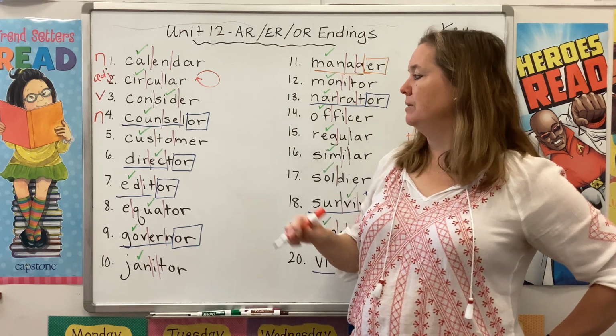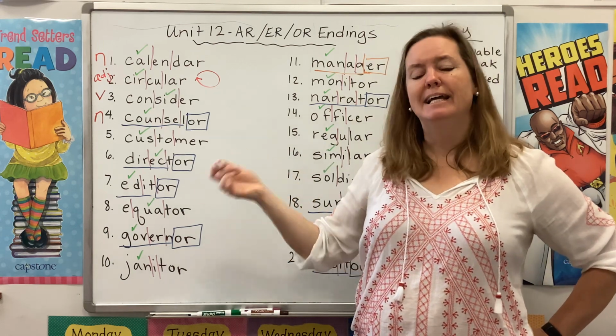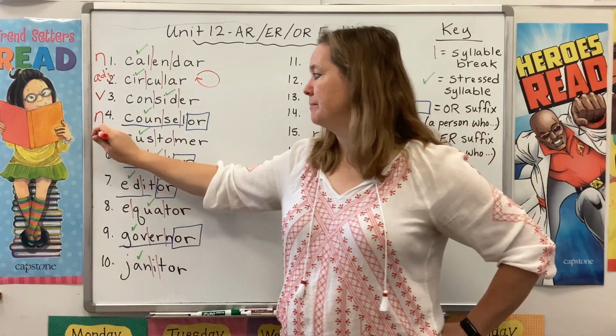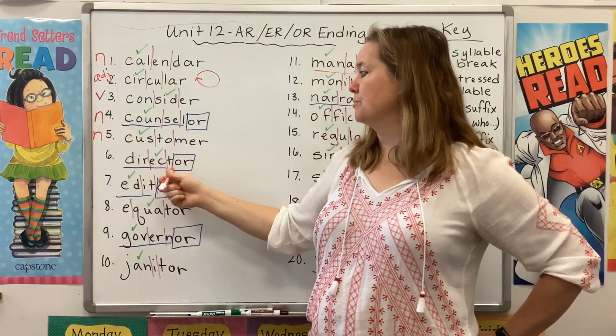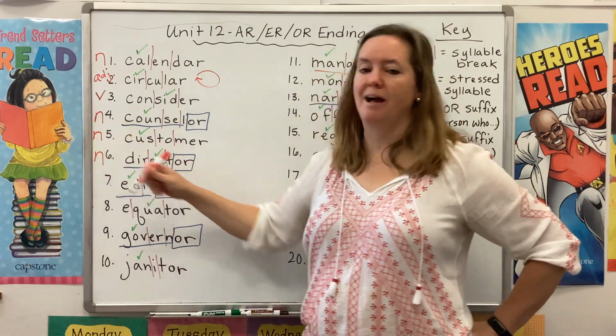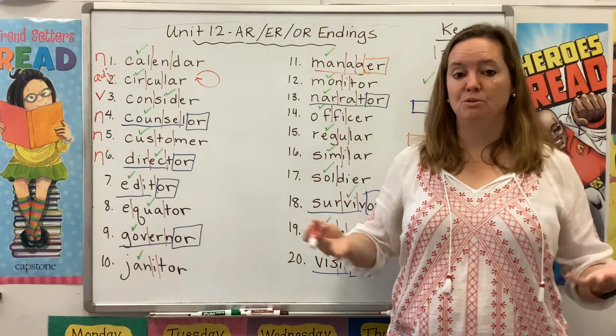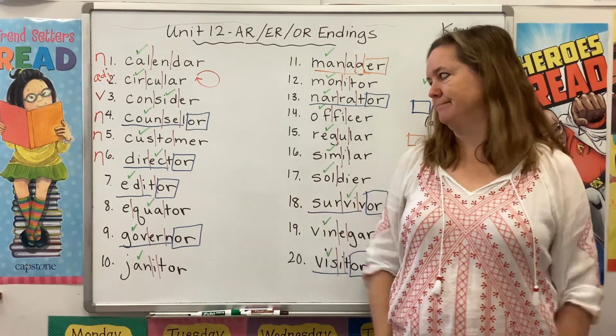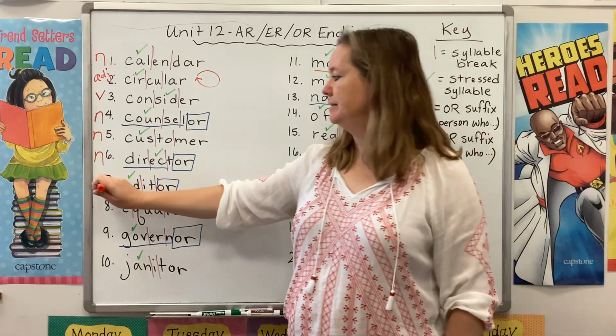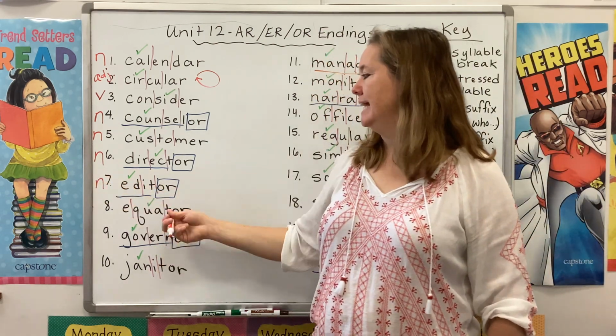So that's a noun. A customer is a person that buys stuff. So that's a noun. Director is a person who directs a movie. Notice a noun is a person, place, or thing. So as soon as I say person, you're like, oh, it's a noun. Editor, that's a person.